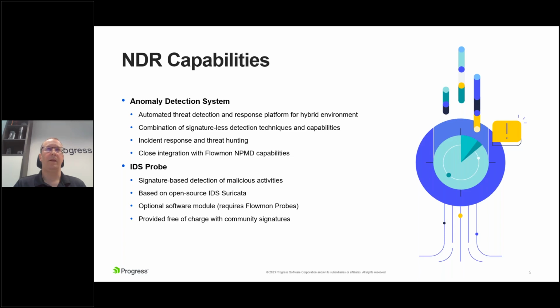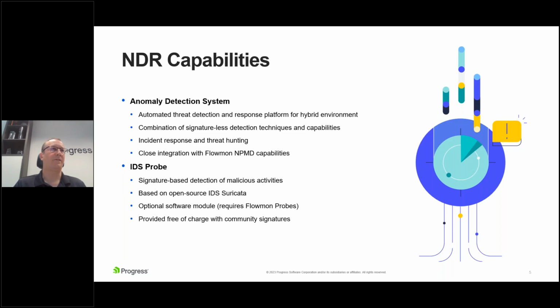So we basically monitor all the network traffic, generate traffic statistics called flows or IPFIX, and then we use this data for the purpose of network performance monitoring for network operations. And at the same time, we leverage the same data for threat detection using our signatureless algorithms and capabilities.